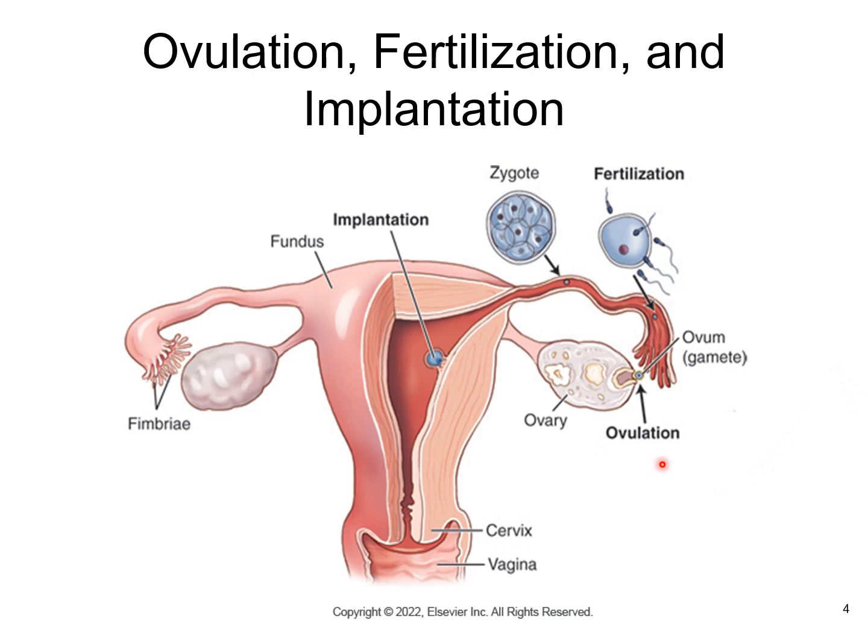So it begins with the ovary and the ovum, and once ovulation happens, the ovum or the egg is released from the ovary and it travels into the fallopian tube where it's fertilized, and then passes on down.